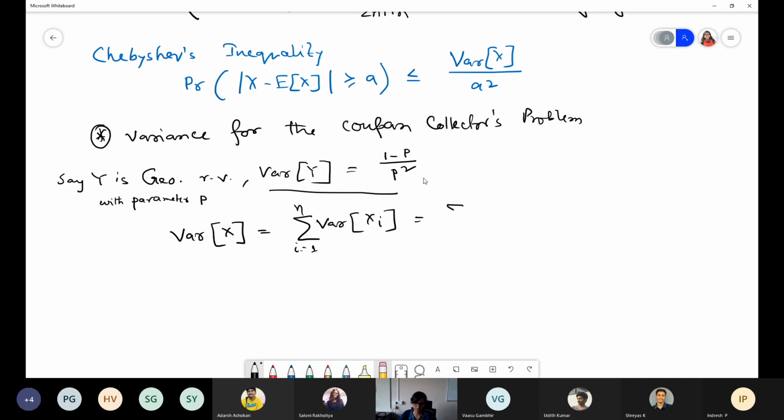So this is sum over i from 1 to n of 1 minus pi by pi square, individual pi's. If I ignore the 1 minus pi part, I can write this as sum over i equals 1 to n of 1 by pi square.